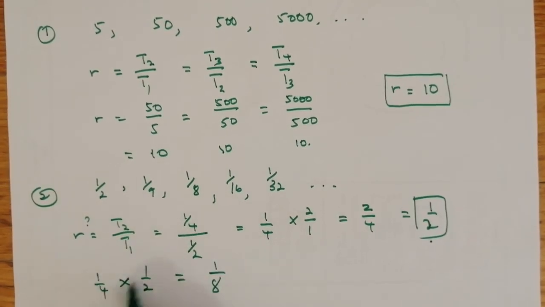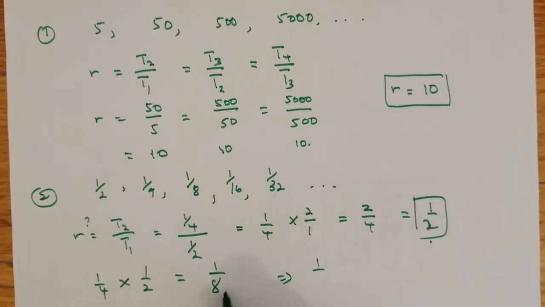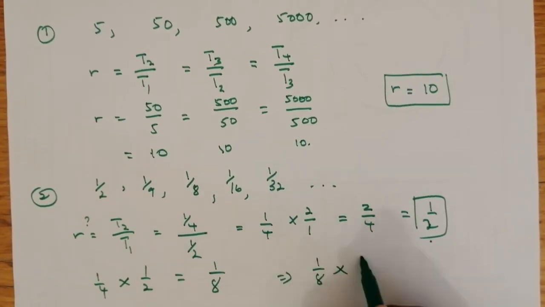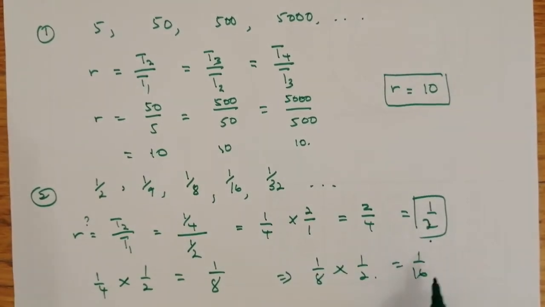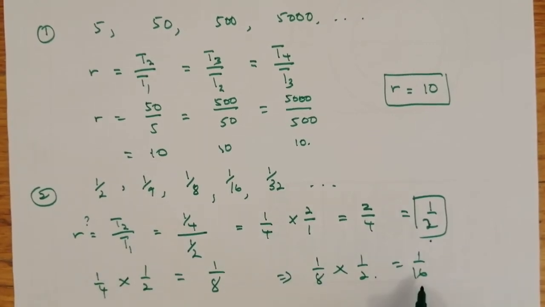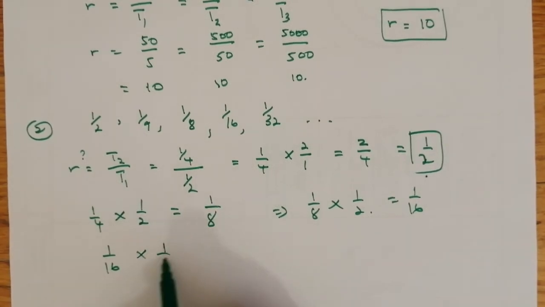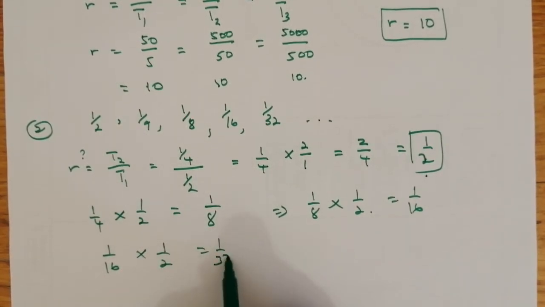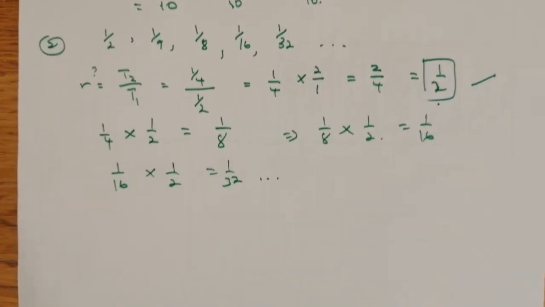And in fact it does, because 1 times 1 is 1, 4 times 2 is 8, right? Then we continue. To get the next term, we multiply the previous term by the constant value, 1 over 2, right? This is 1 over 16, right? So this is this term. So to get the next term, we multiply 1 over 16, which is the previous term, by the constant value, right? The constant value is 1 over 2. That will be 1 over 32. So yes, this is a geometric sequence.